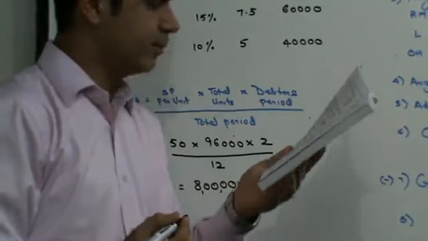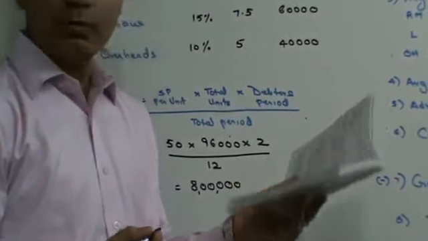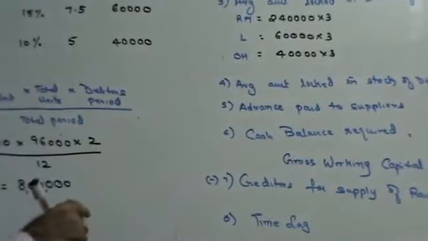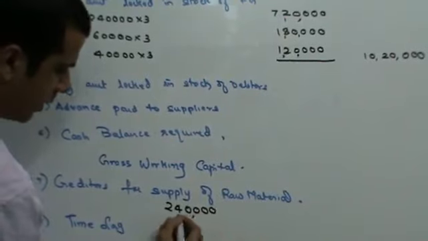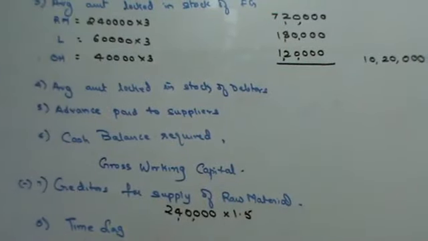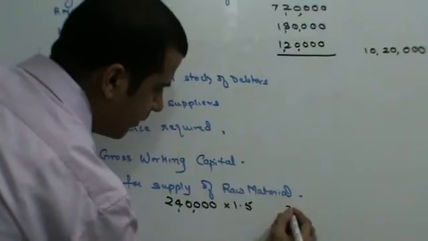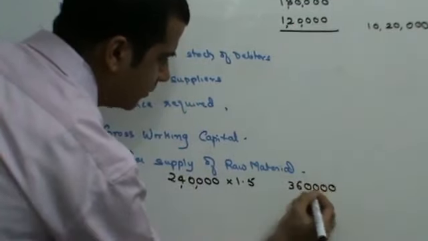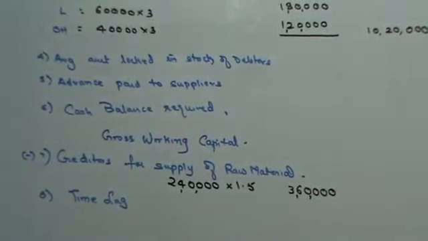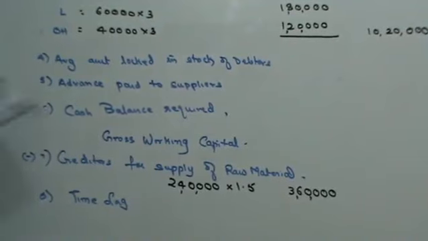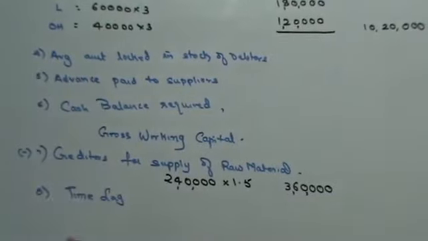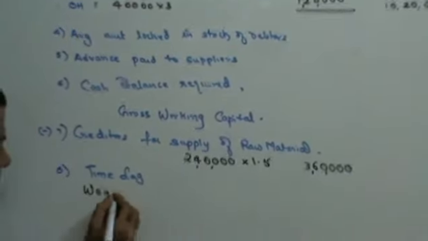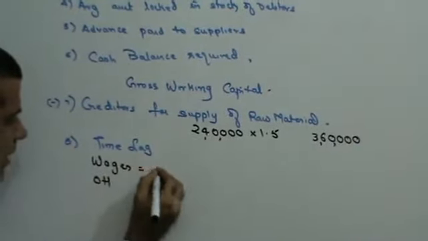Let's move on ahead. Creditors are allowed 1.5 month credit, right? Raw material is 2,40,000 into 1.5, so this is going to be nothing but 3,60,000. Next, time lag in payment of wages and overheads is half a month.